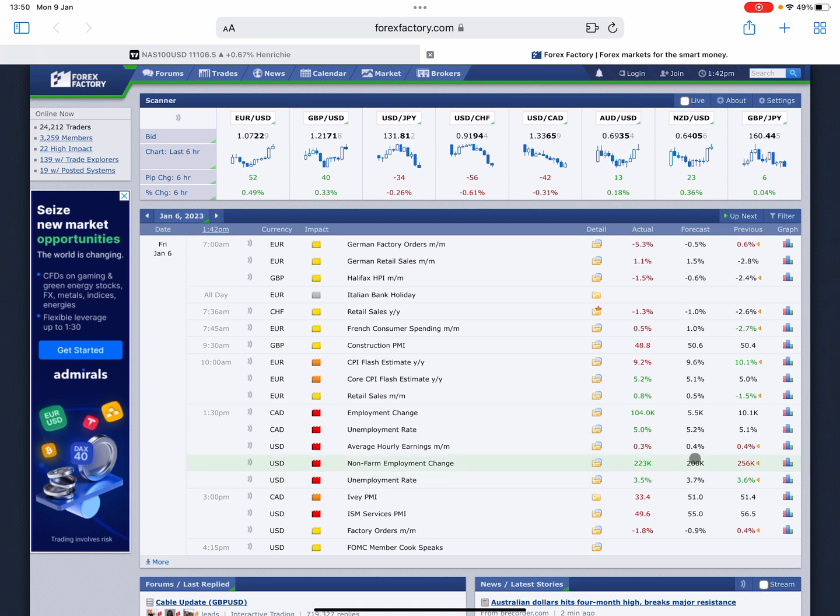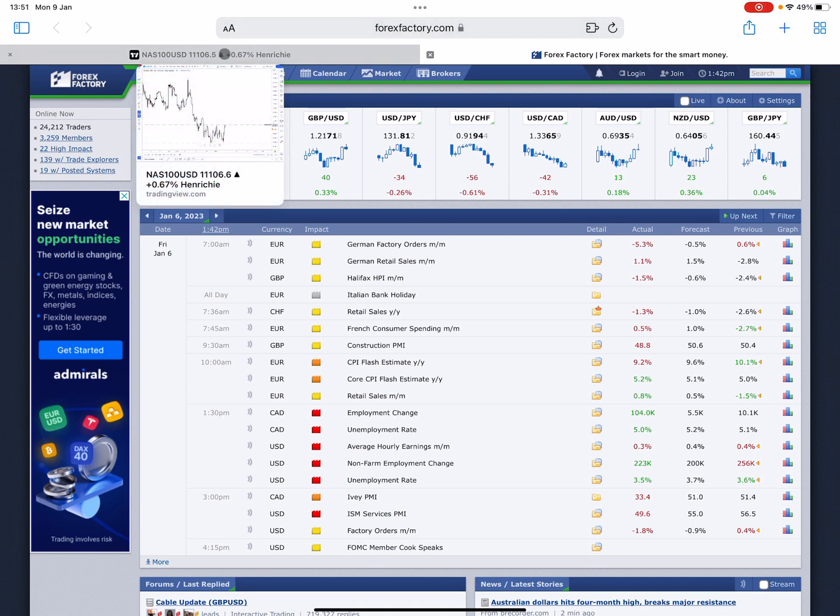So this puts you at a spot of, what's the technical analysis saying? Technical analysis is saying the dollar is bearish. Technical analysis is saying the NASDAQ is bullish, and I'm looking for buys. Now the time of this news is by 1:30 p.m. Now you analyze your NASDAQ.